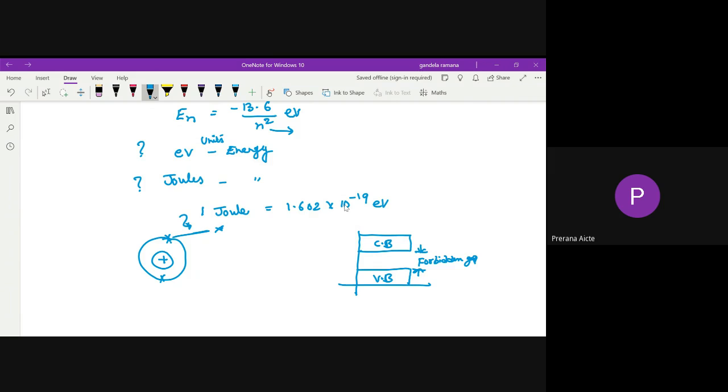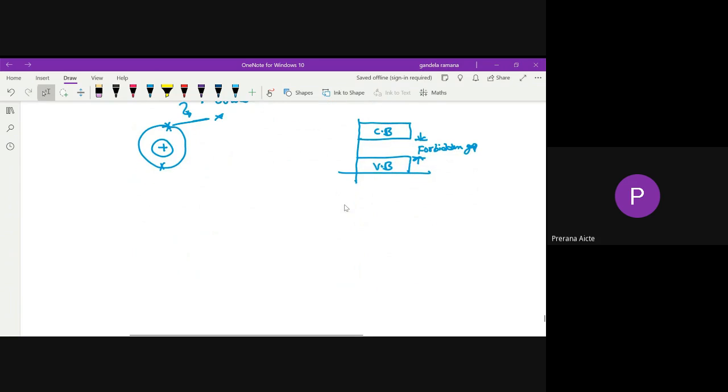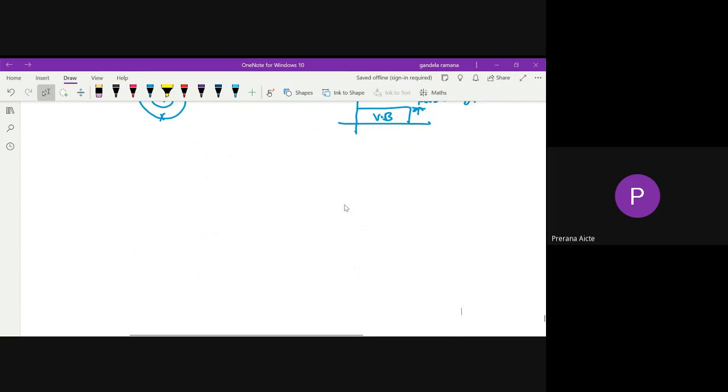This electron may stay in orbit or it may become a free electron. It will not stay in between, in the prohibited, forbidden gap, not allowed. So this is also called prohibited. It will not stay in the middle. It may be in the valence band or conduction band. So that is called the forbidden gap.